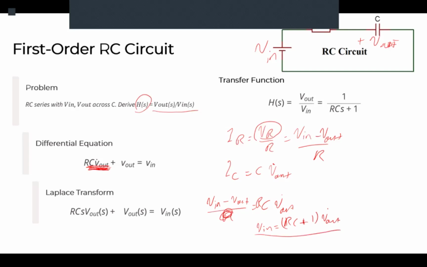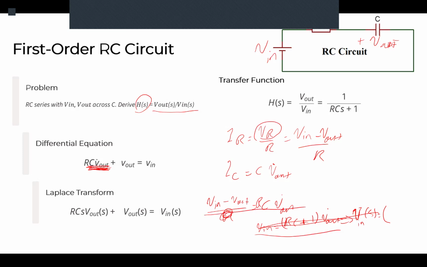Run a Laplace from this. No, sorry, this is V dot.